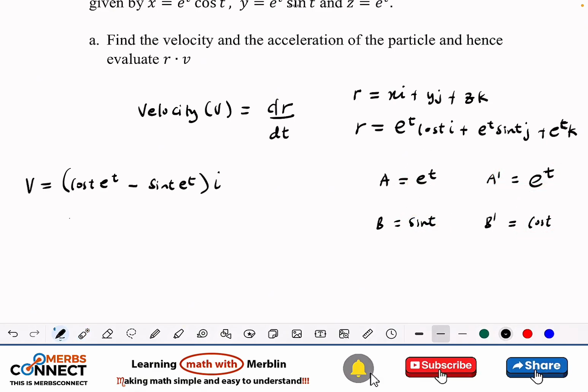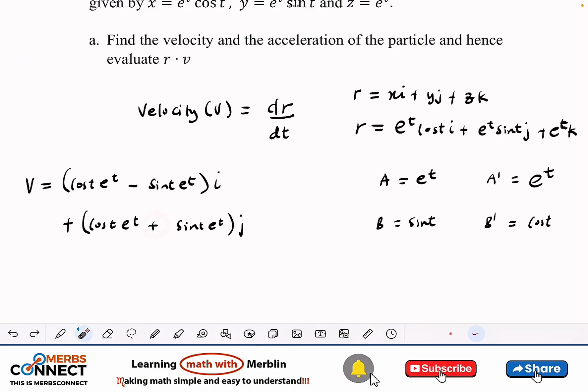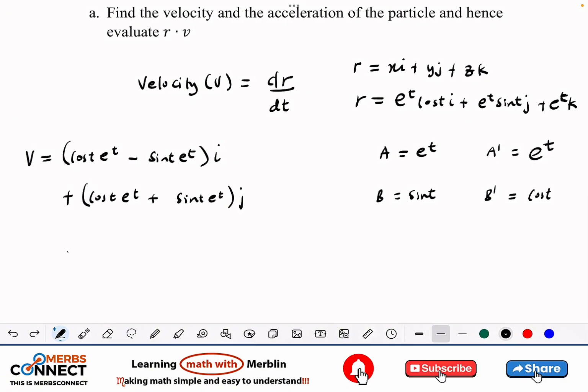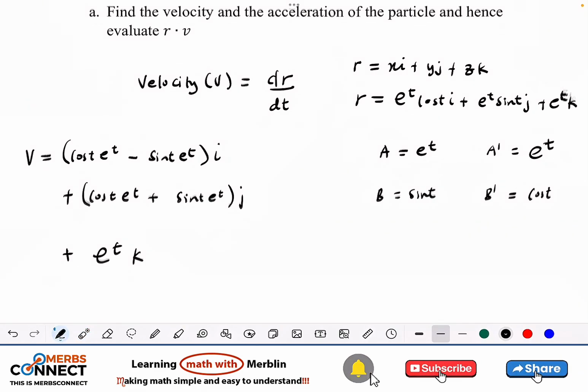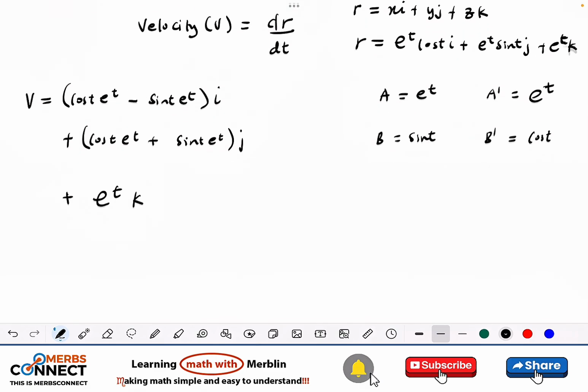So I'm moving to the j column, so I'm going to have cos t e^t plus sine t e^t, then j. Don't forget, with the product rule it's plus, but for the first one, because when I differentiate cos I'm getting minus, that's the reason why this is minus there. Then the last one is just e to the power t. When I differentiate e to the power t, I get e to the power t, and then I have k. So this is what we are going to get as the velocity.